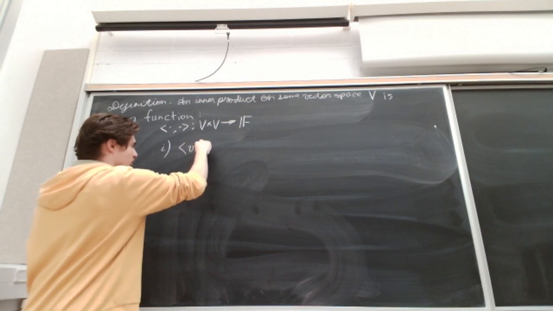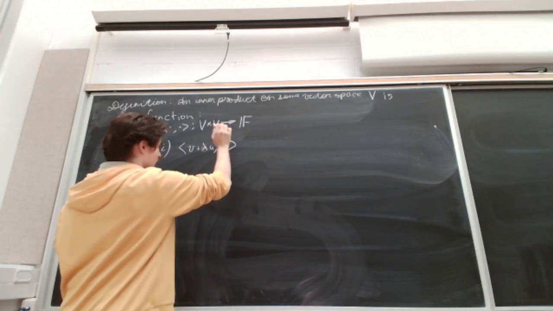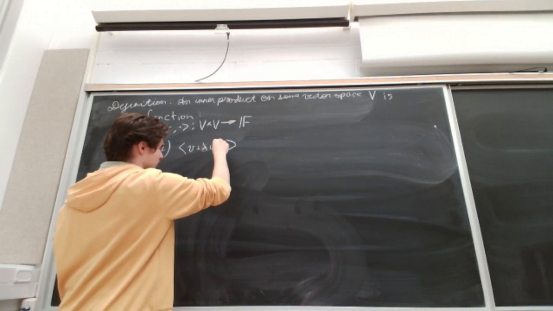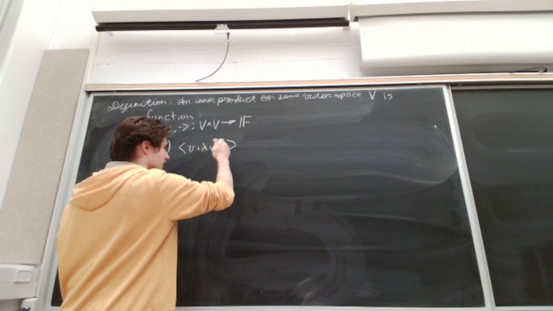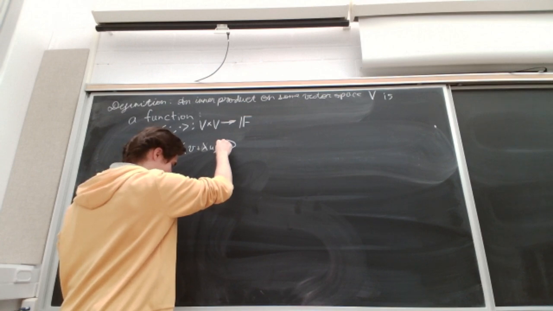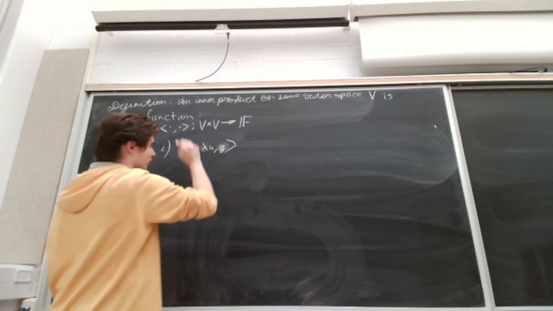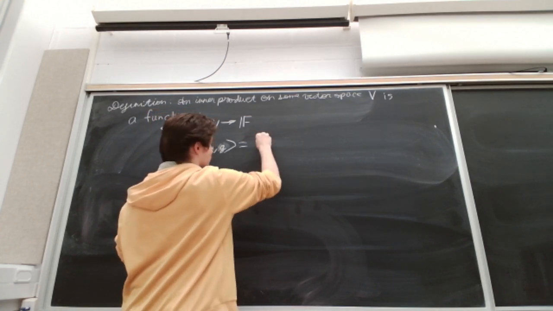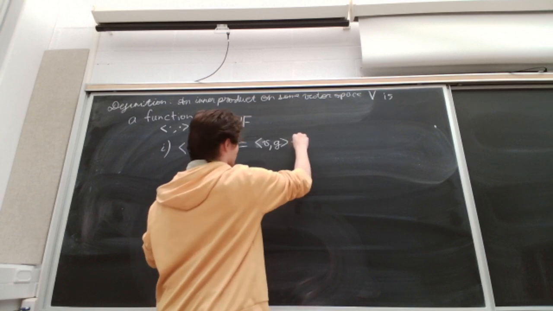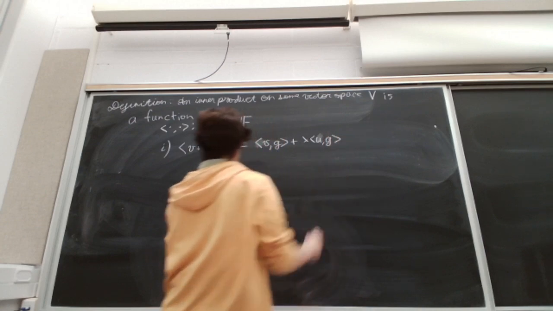So v plus lambda u, g, with g, is equal to the inner product of v with g plus lambda times the inner product of u with g. Okay, so in the first entry it's linear.